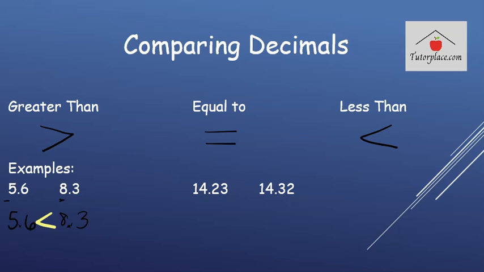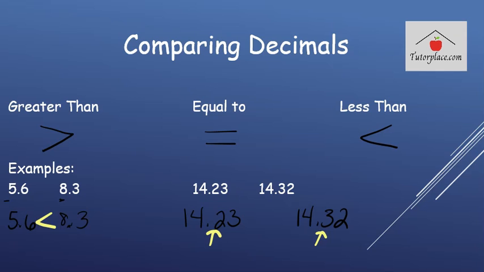Now this one gets a little trickier. 14 and 23/100 or 14 and 32/100. Now, if you're only comparing the positions, we know 14 and 14, those are equal. And then we have the 2, which is in the 10th spot, and over here we have a 3 in the 10th spot.